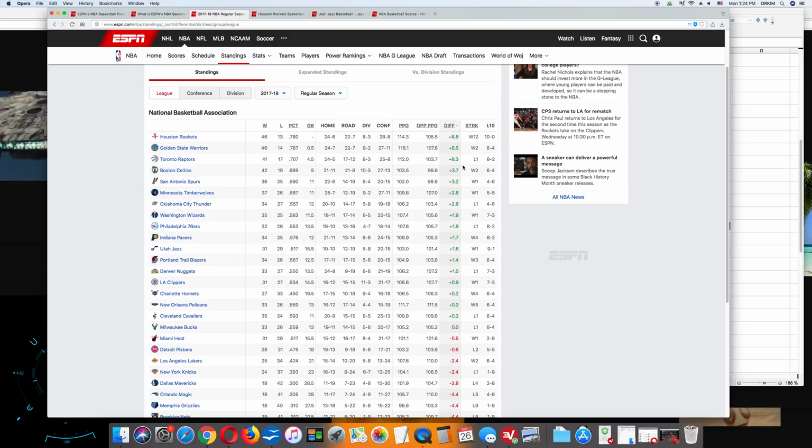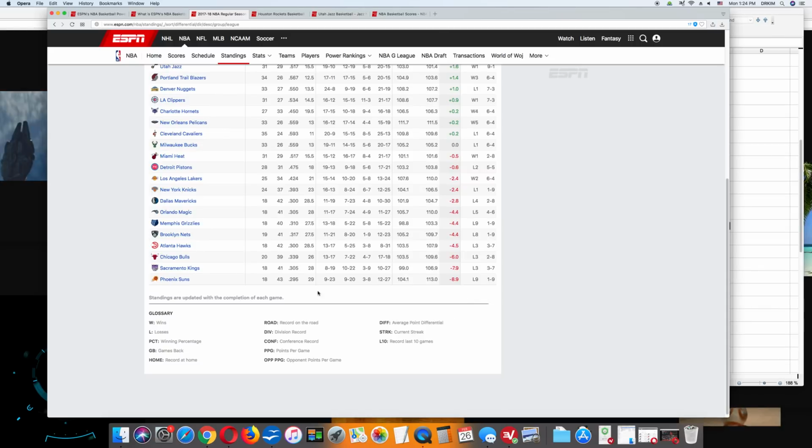When you're analyzing, you could look up the stats over and over again, but it's a lot easier to make rules of thumb. For example, win percentage: most teams are winning between 40 and 60. That's 50%, plus or minus 10%. Points per game scored, offense, and points per game allowed, defense: the range is 100 to 110. And just remember the outliers. Offensive outliers: Houston Rockets, Golden State Warriors. Defensively, you got Phoenix Suns at the bottom.